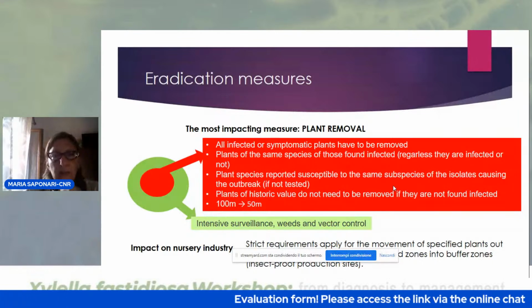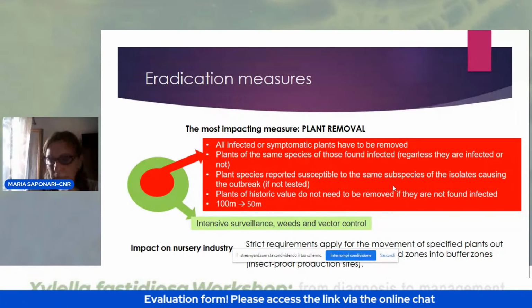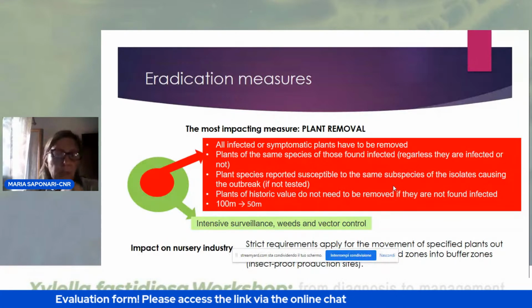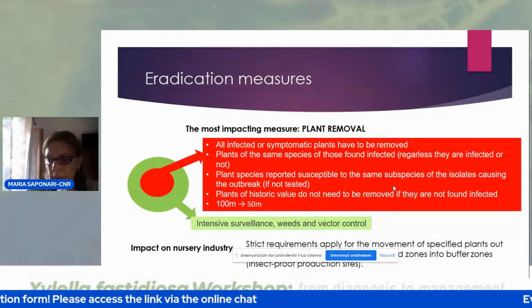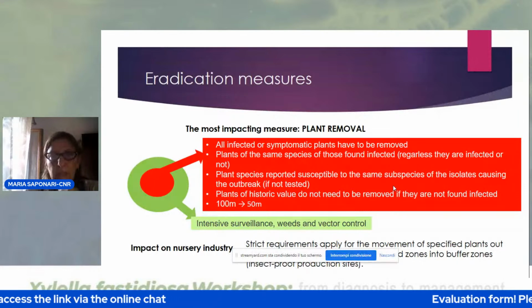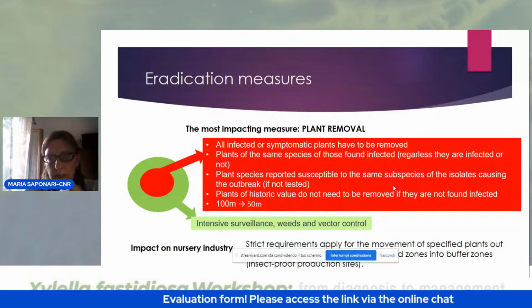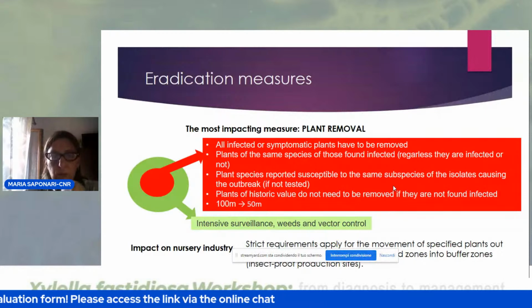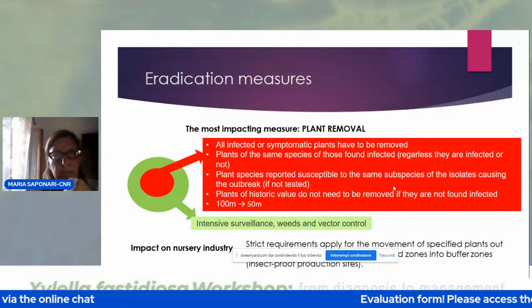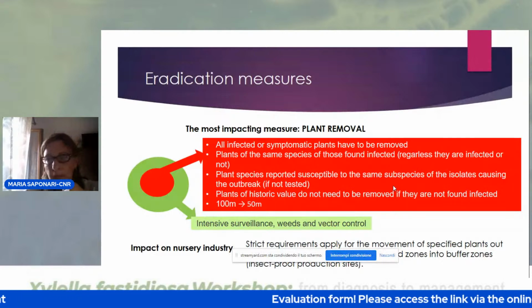I want to mention that the demarcation of the area when an outbreak is identified in Europe has not only an impact on the crops and on the farmers, but there is also a huge impact on the nursery industry, because in the demarcated areas there are very strict requirements for the movement of plants.